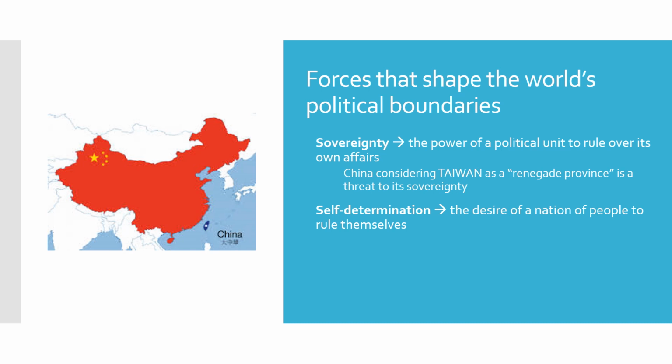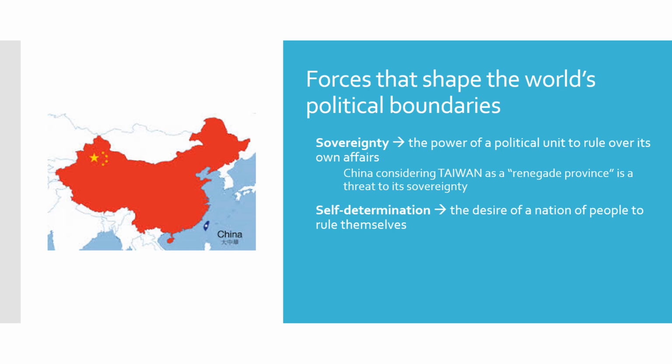So I guess I am doing self-determination again. Self-determination, again, is the desire of a nation of people to rule themselves. So you're going to start to see the world split into building blocks, a large empire crumbling into several different countries, when those nations push for self-determination.